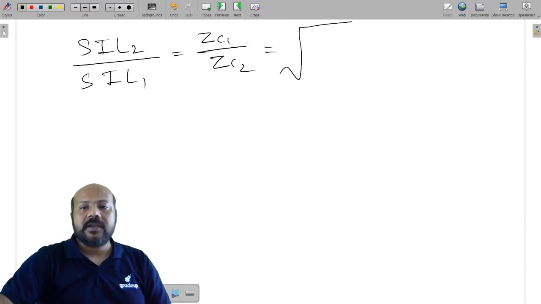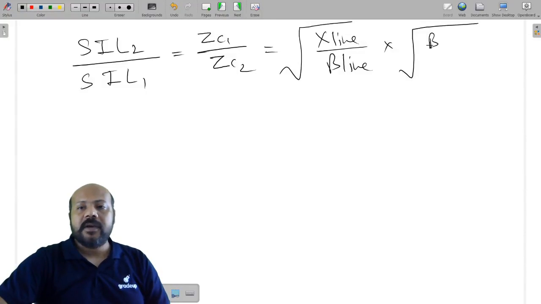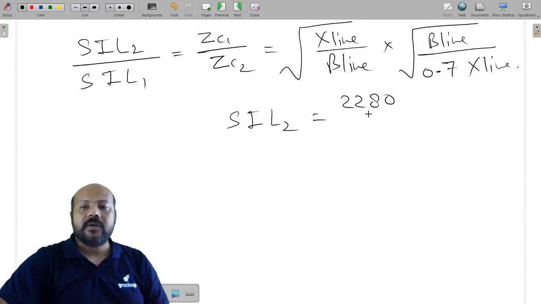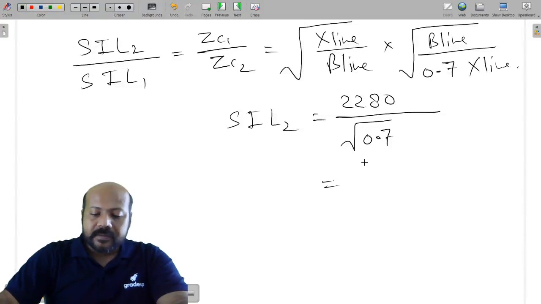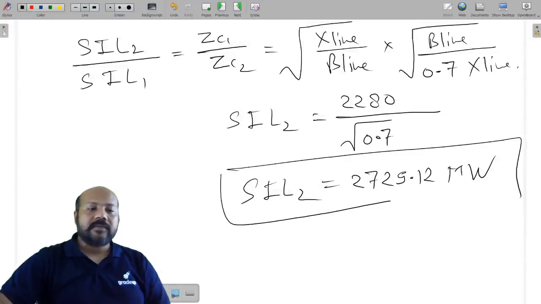ZC1 is X line upon B line, and 1 upon ZC2 is B line upon 0.7 X line. Surge impedance loading 2 is surge impedance loading 1, that is 2280, divided by under root 0.7. Just solve this value and you will get somewhere around 2725.12 megawatts.